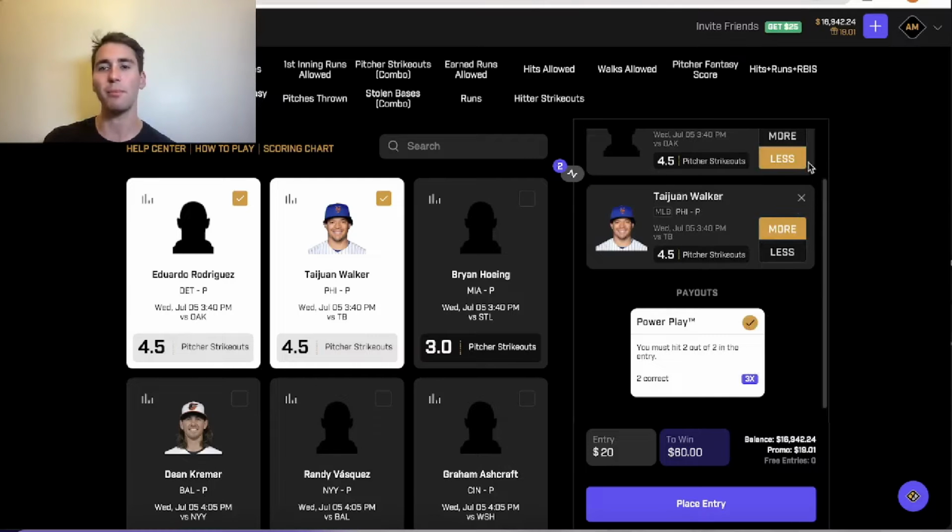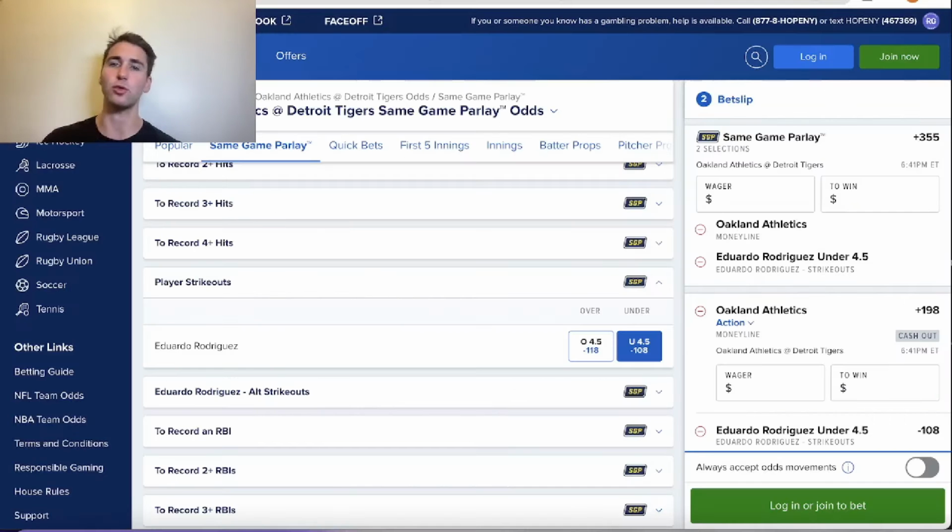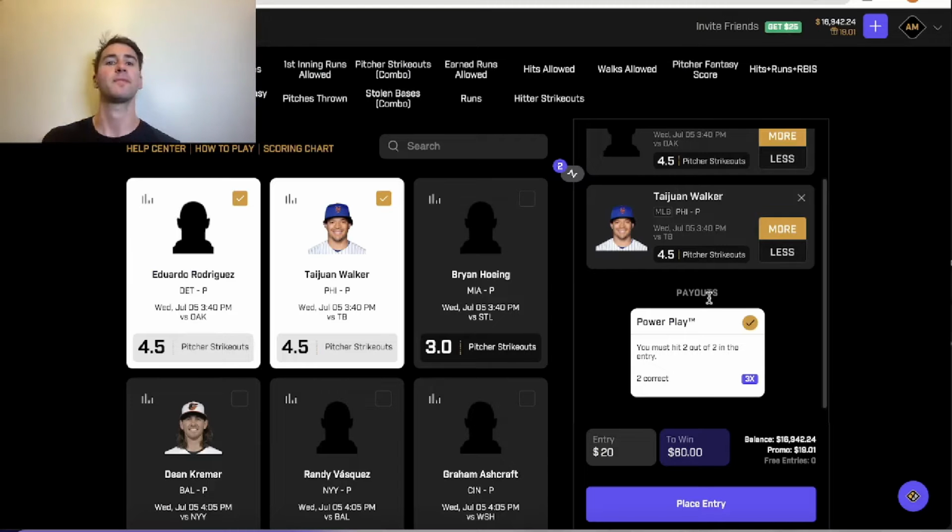This is a fixed payout platform. Doesn't matter if you take overs or unders, you're always getting a 3x payout. So PrizePicks doesn't account for correlation, which is why we can use it to our advantage, right? On traditional sportsbooks, they already price in correlation, so it's harder to use it to your advantage, whereas on PrizePicks it's easier.